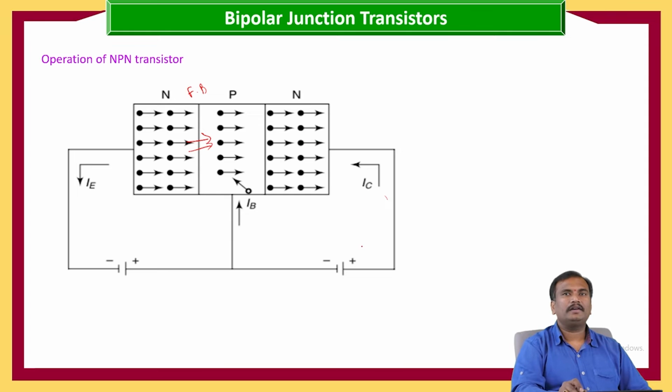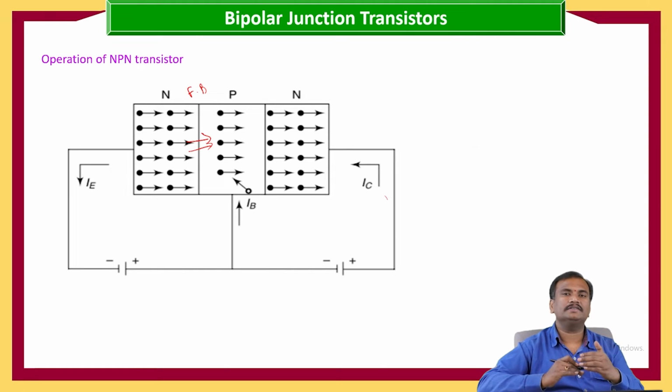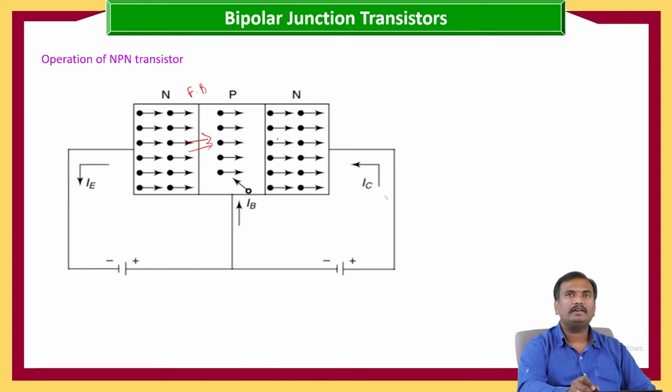And here the positive voltage is connected to n type. Always positive will attract the electrons. When the positive attracts, the electrons will move towards the collector. That is from the emitter to base and base to collector. The conduction will take place in this direction.